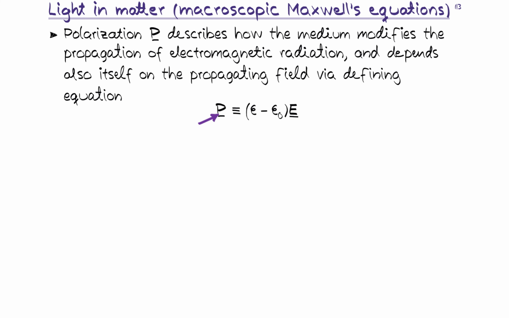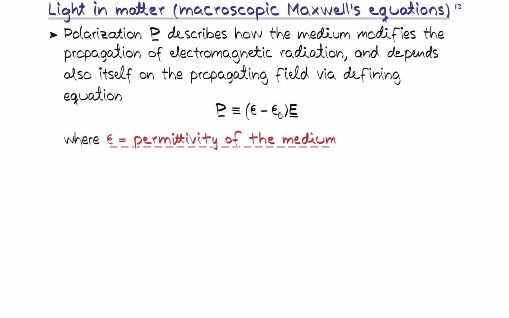And depending on the material, the modification might be minuscule, so it might behave almost like a vacuum, but it might also behave quite differently. So epsilon here is the permittivity of the medium, and that is the parameter we would want to know when we look at how light propagates inside the medium.